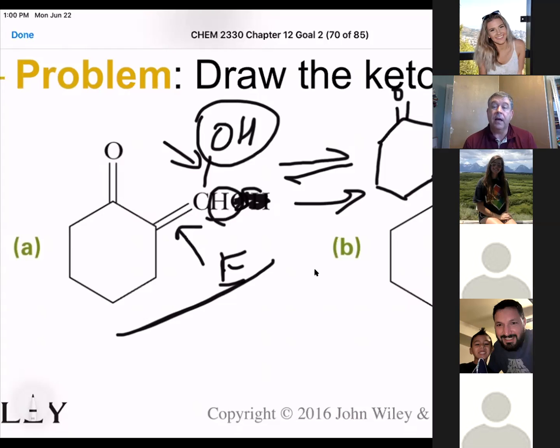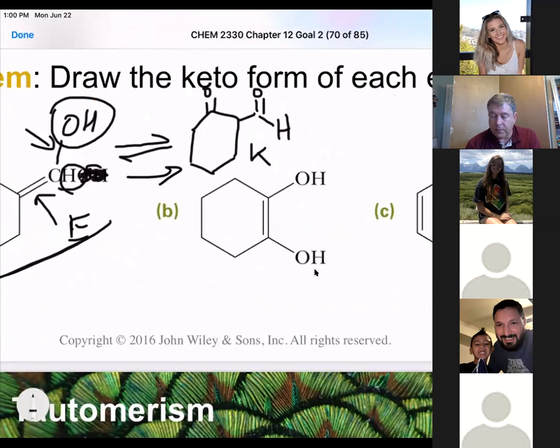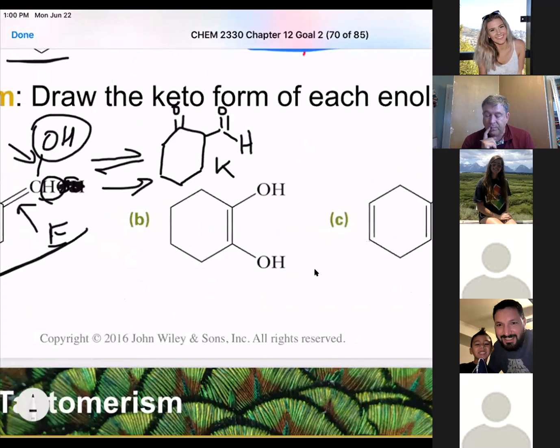That's the key. It's not a resonance form, right? Because we've actually moved an atom here, but we don't break any sigma bonds. All we do is change where that hydrogen is attached and where the double bond, the pi bond, is.